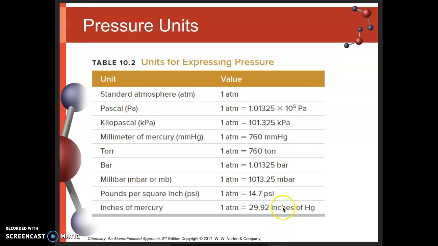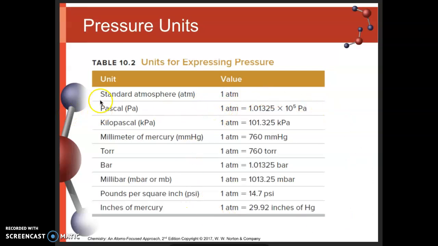Now, when it comes to pressure units, there are lots of them, and I do mean lots of them. This is a relatively comprehensive list of the different types of pressure units that exist. We've seen a couple of them in action when we talked about osmotic pressure in chapter 11. But the basic idea here is that there are a number of different ways of measuring this.